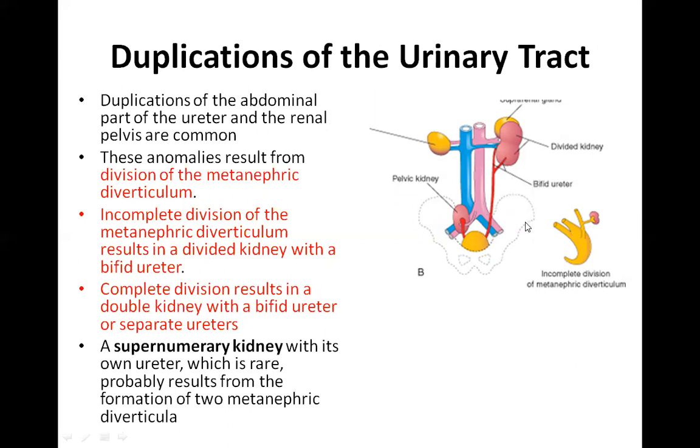Also, there may be a divided kidney, as it will be inducing the metanephric blastema. It may lead to incomplete division of the metanephric blastema as well as the diverticulum, which may lead to supernumerary kidneys.